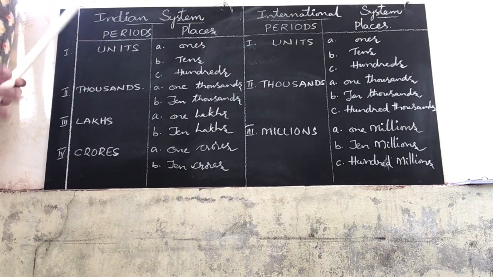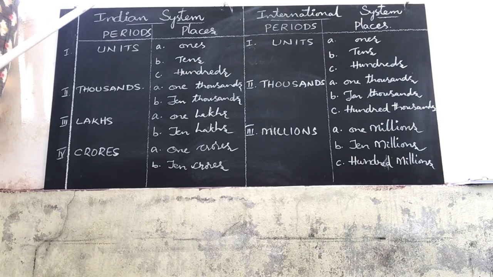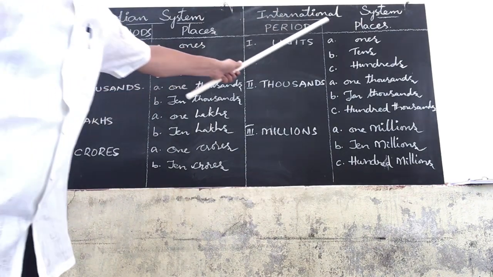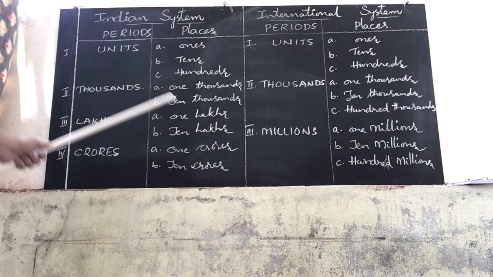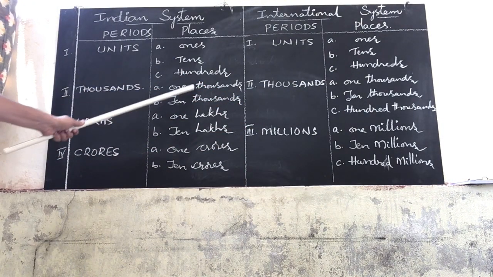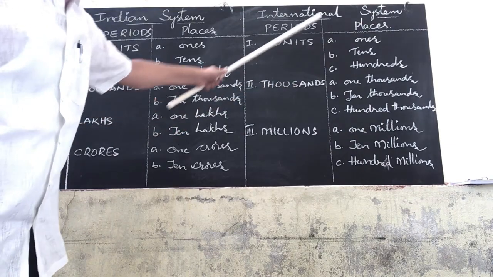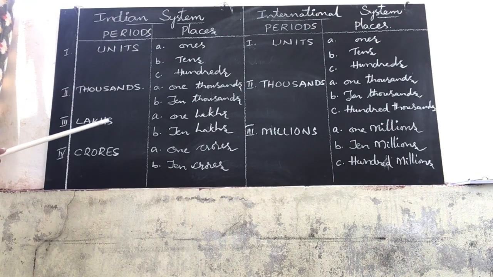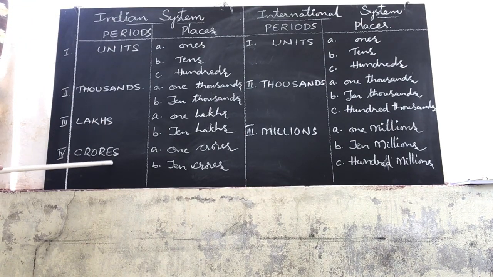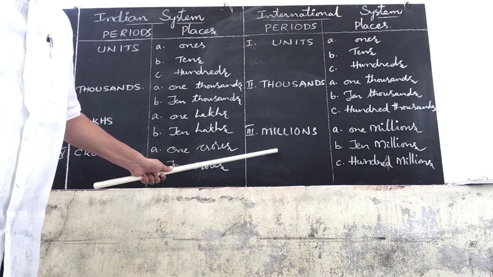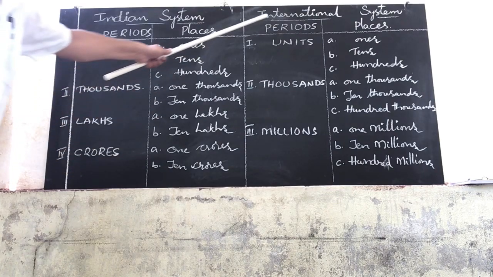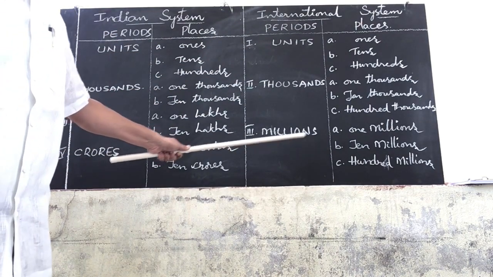Now let us see the difference between the Indian system and the international system. Till the thousands period, both are the same. In the Indian system, the units period has 3 places. In the international system also, the units period has 3 places. Coming to the thousands period, the Indian system has only 2 places, but in the international system it has 3 places. Instead of lakhs and crores in the Indian system, in the international system we have the millions period.